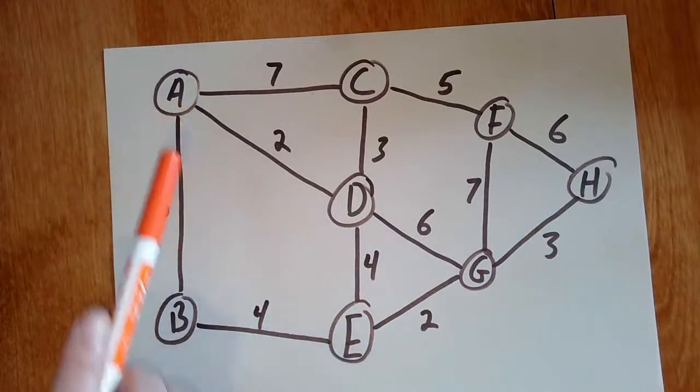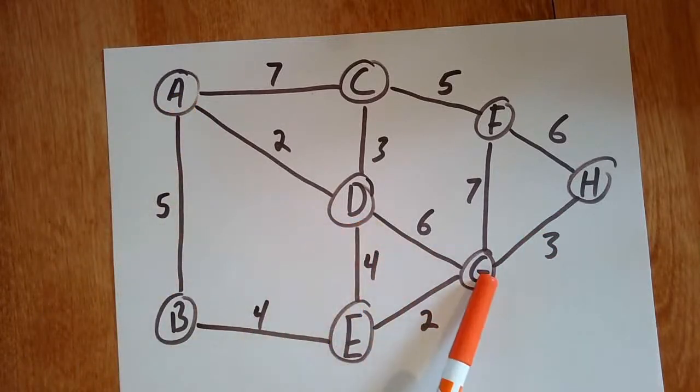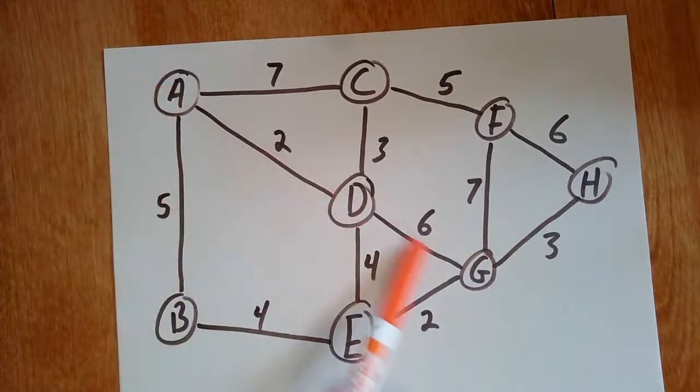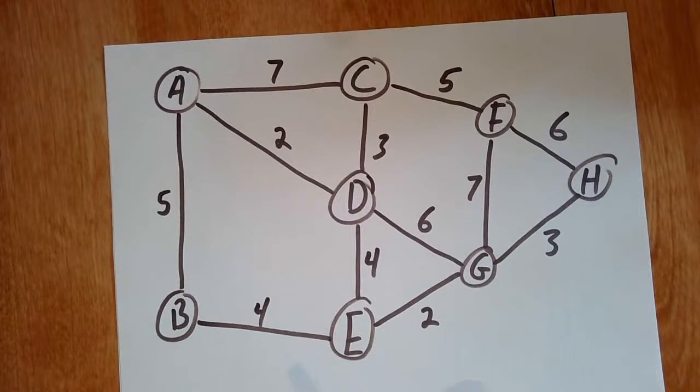And Dijkstra's is actually going to get us this least cost path. And we're doing this with just a handful of nodes, 8 nodes, but we could do 100 nodes, and we should be able to apply Dijkstra's in a reasonable way, in a reasonable time.